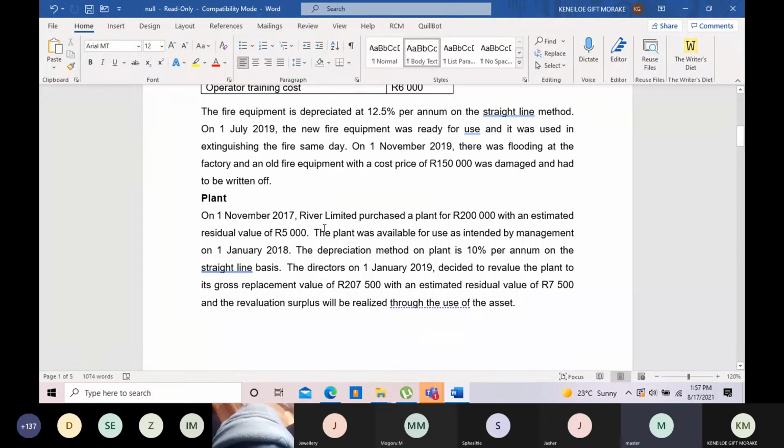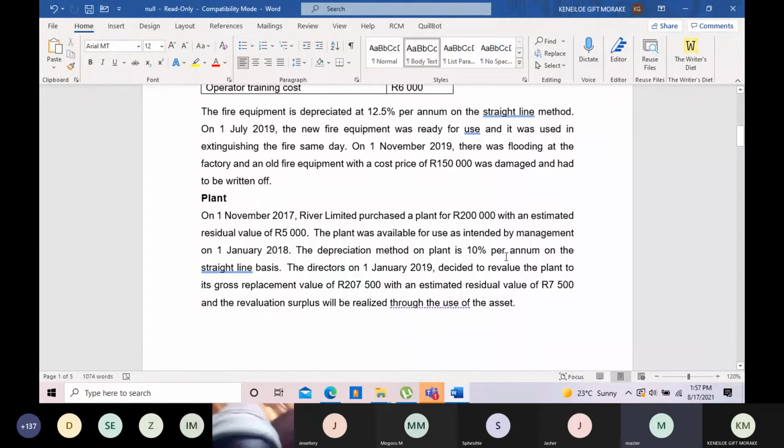They say the plant was available for use as intended by management on the 1st of January 2018. Meaning this plant was supposed to be used from this day. The depreciation method on the plant is 10% per annum on straight line method.